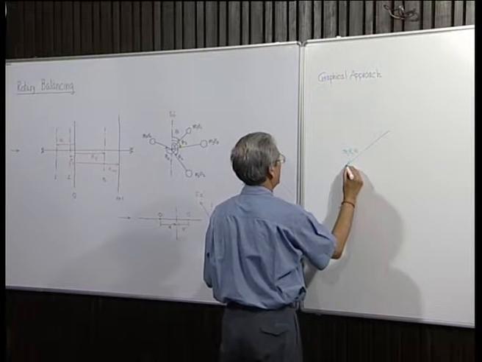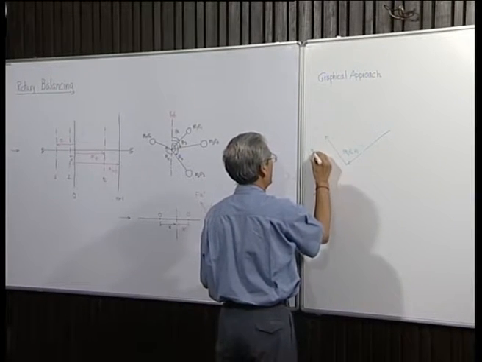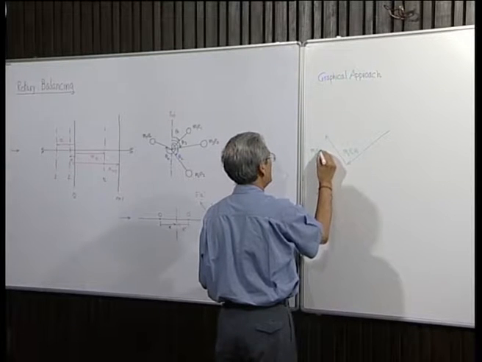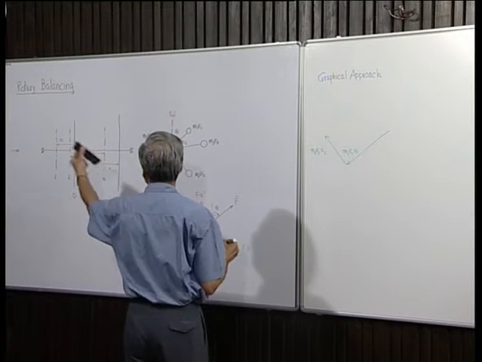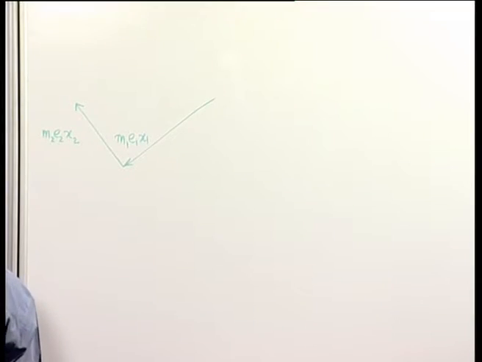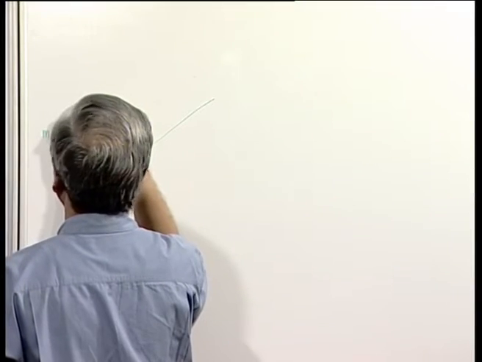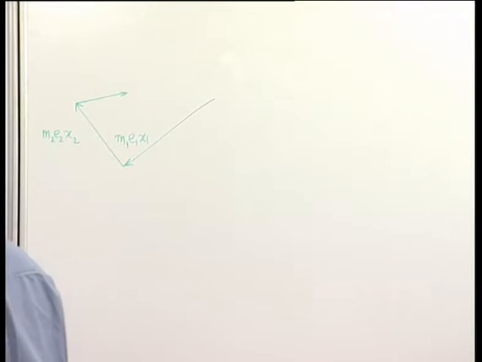Similarly, m2 e2 x2 will be also opposite to this because x2 is negative. But I think if we go to 3, then you will find it will be in this direction if the balancing plane or plane of unbalance is on the right hand side.